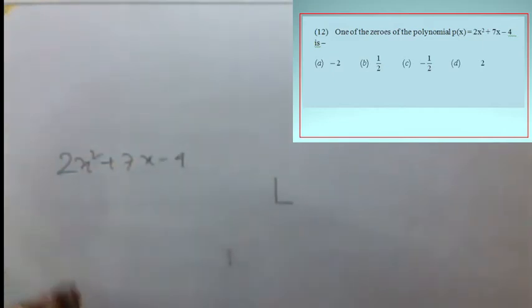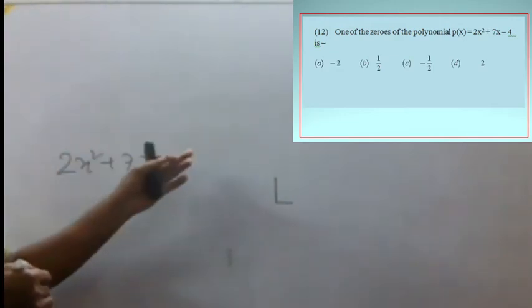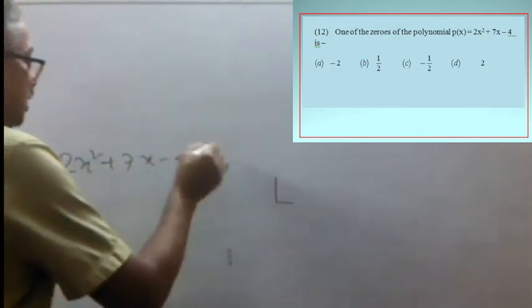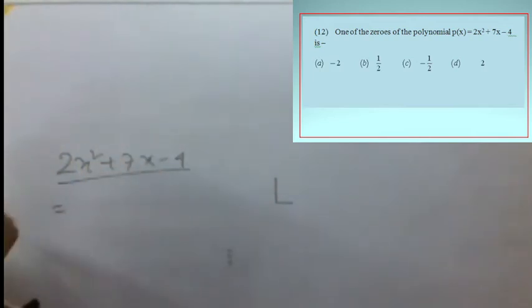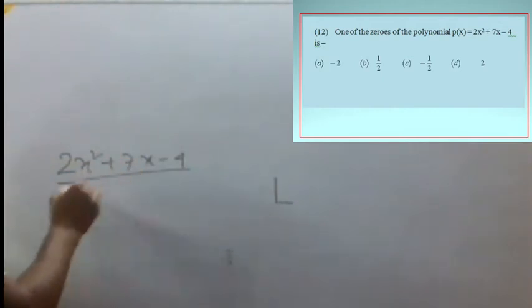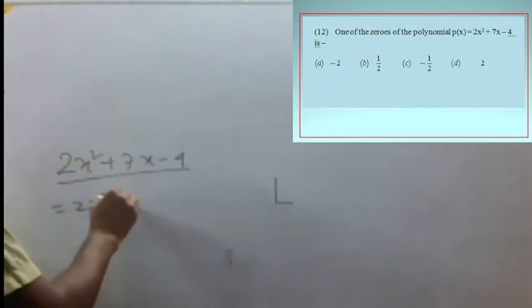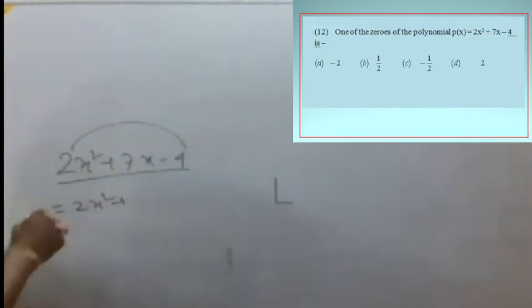We can factorize, as this is a quadratic polynomial, or if we put the right hand side 0, then it becomes a quadratic equation. Then by any method we can solve. Let us try with factorization. This is 2x square, and 2 into minus 4 is minus 8.